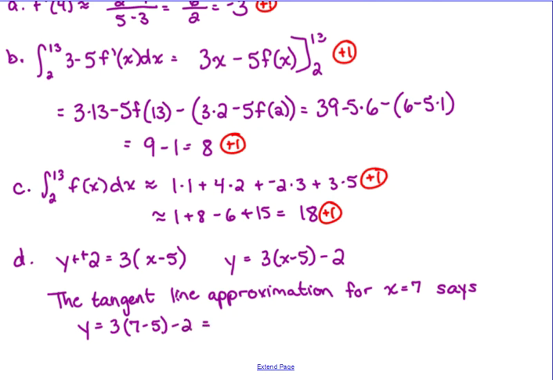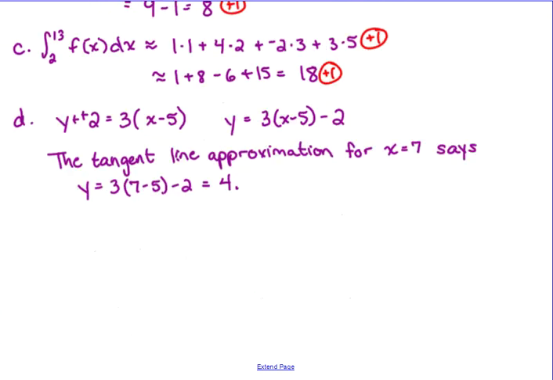So y equals 3 times 2 minus 2. So it equals 4. Okay, so the tangent line approximation for x equals 7 says that y equals 4.